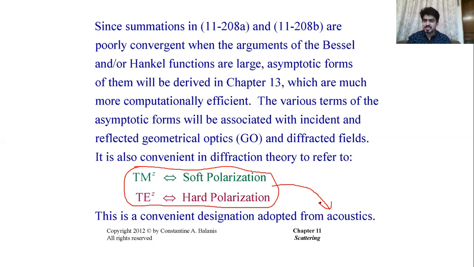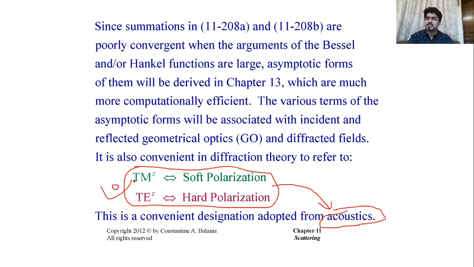Even for large objects and large gaps, you will see a lot of diffraction, and that's why we hear sound from one room in the other room, right? That is basically from the bending of these waves from the corners and the edges, or even from the gaps. So that's why they also study this diffraction in detail, and they use this terminology, soft polarization and hard polarization, in acoustics. And that's where we get this terminology.